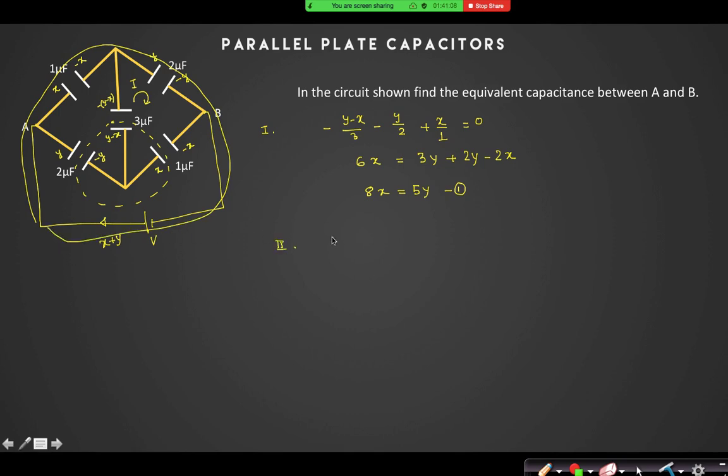In that bigger loop, again I am moving clockwise, minus x by 1 minus y by 2 and plus V equal to 0. So can I write that V is equal to x plus y by 2? In terms of x and y I can find that. If y is equal to 8x by 5, then y by 2 is equal to 4x by 5. So that is x plus 4x by 5, that is 9x by 5.